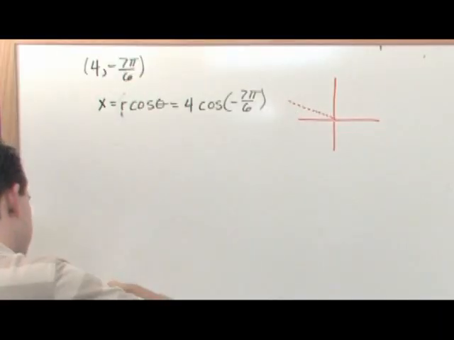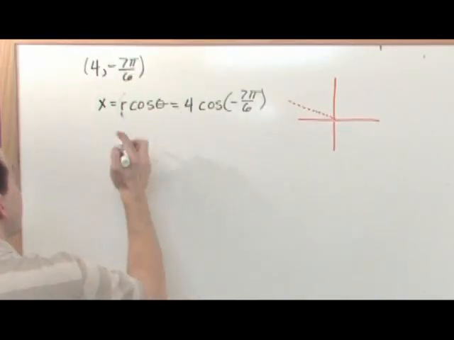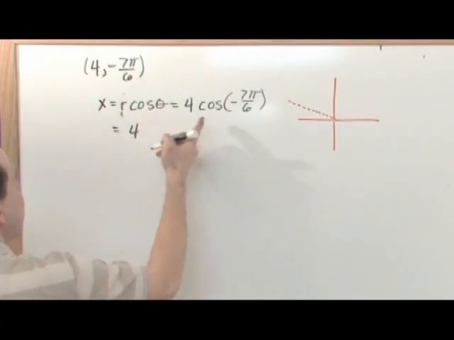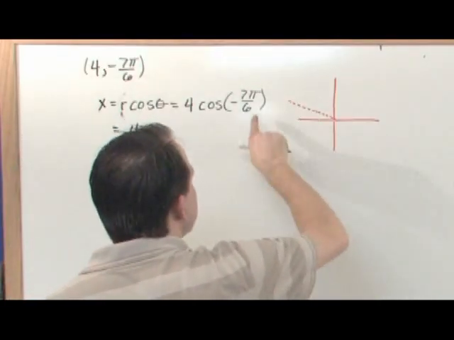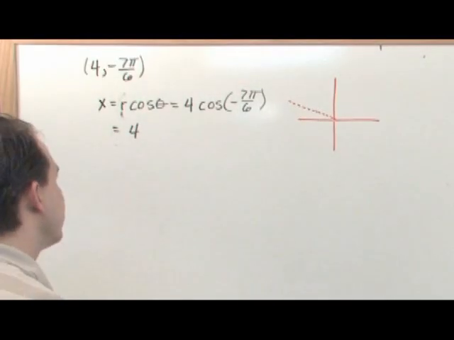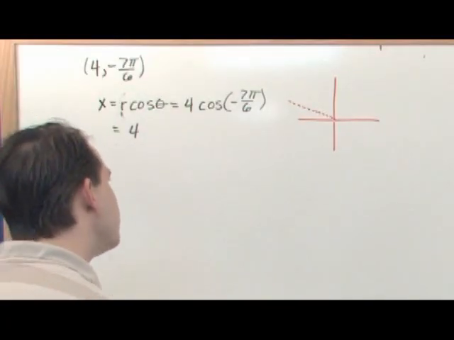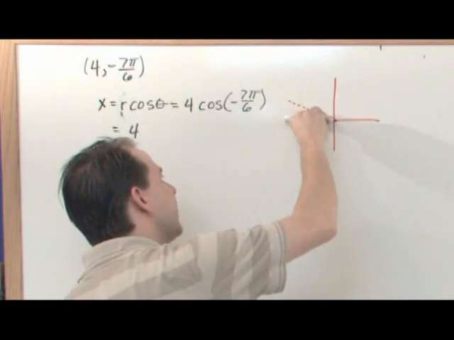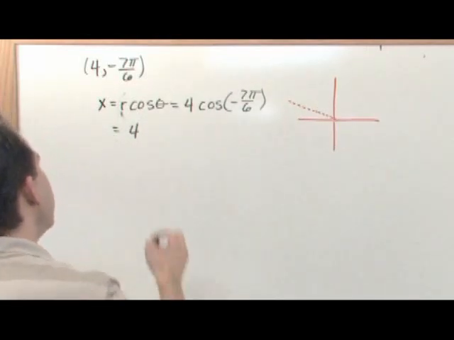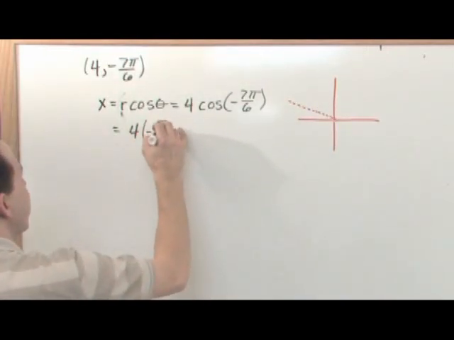Why do you need to know that? Because when you take this cosine, you're going to have to know that. 4 times, what is the cosine of negative 7 pi over 6? Well, cosine of regular old pi over 6 is square root of 3 over 2. But because we're in this quadrant, you're projecting on a negative cosine, so it's going to be negative square root of 3 over 2.